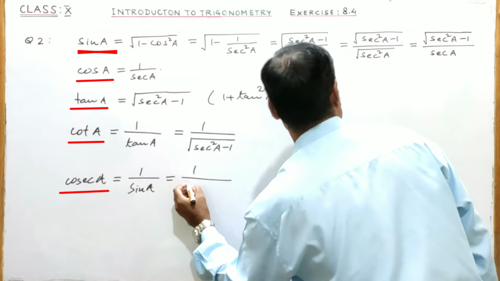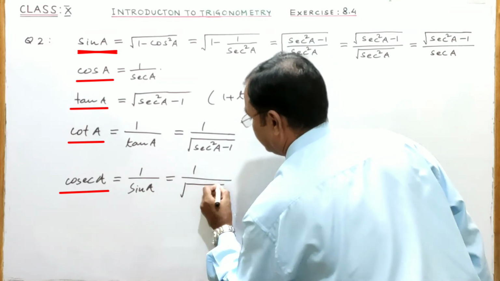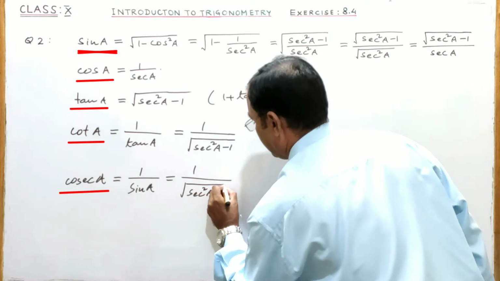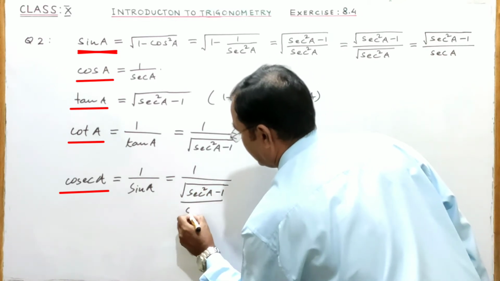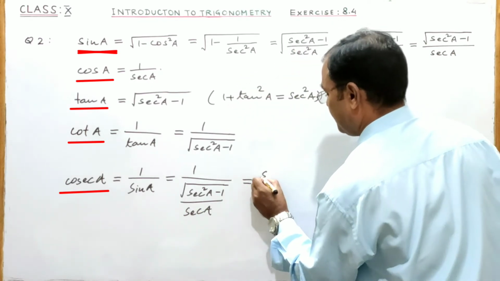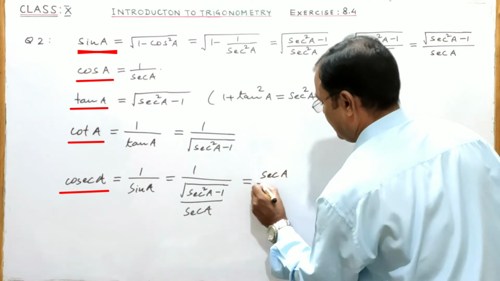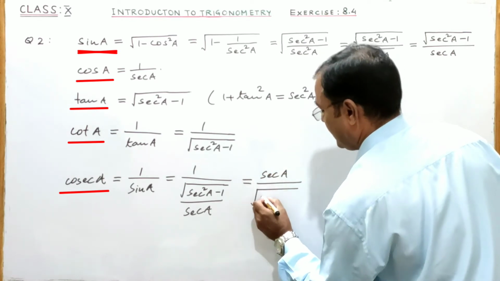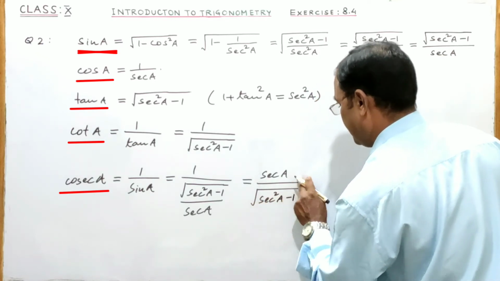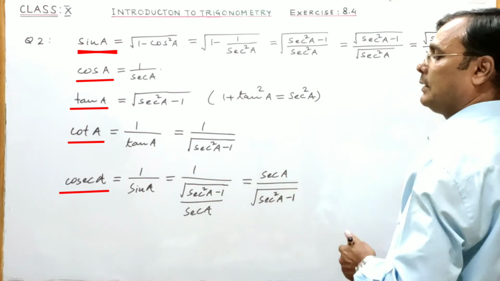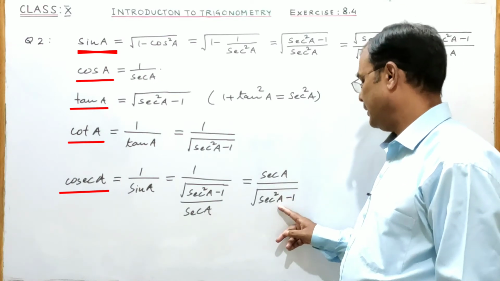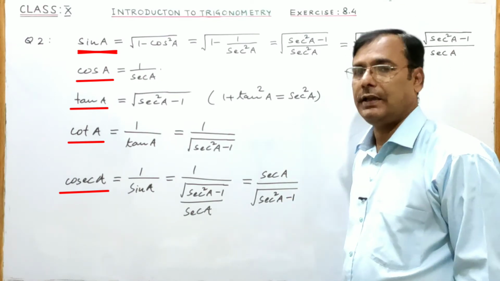So 1 by under root sec square A minus 1 upon sec A, and this is equal to sec A by under root sec square A minus 1. So this way cosec A we have expressed in terms of sec A like this, sec A by under root sec square A minus 1.